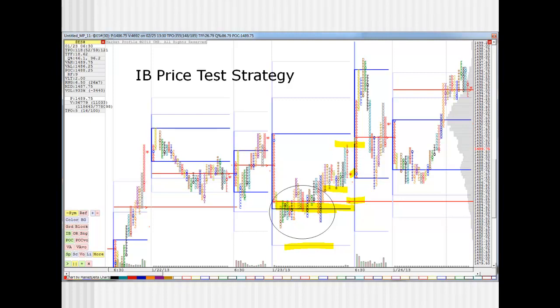Now notice if I took the long here, it took me higher, but then it brought me back lower. And then notice what actually held or provided support to me, an initial balance low. These are very key, very important reference levels in the market.